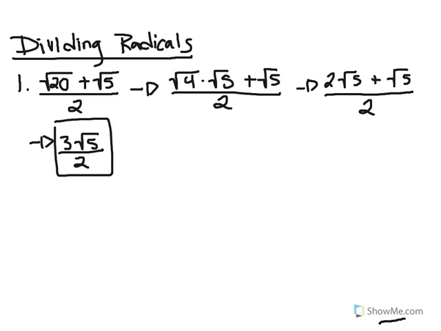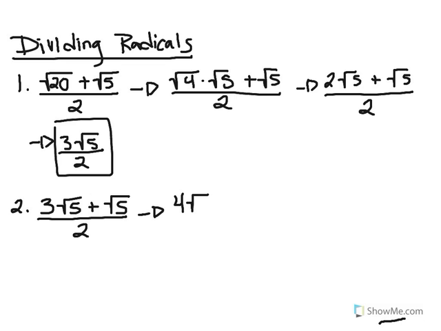Let's take a look at another example. Okay, so what if I've got something like this? So I check my radicals, and I notice that they are prime, so there's no need to simplify them anymore. So I can go right ahead into my simplification. So 3 square roots of 5 plus 1 square root of 5 is 4 square roots of 5, and this is over 2.